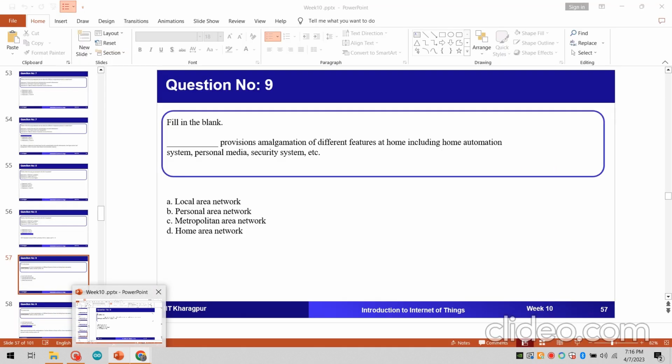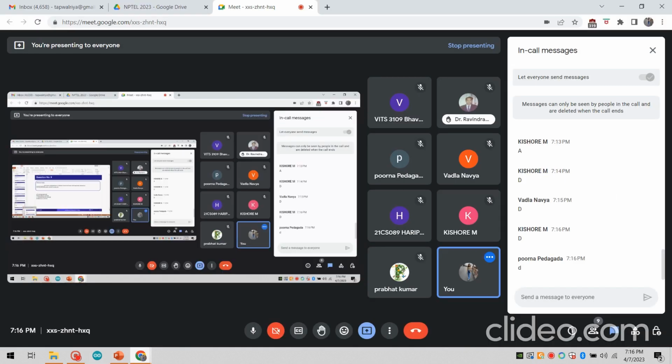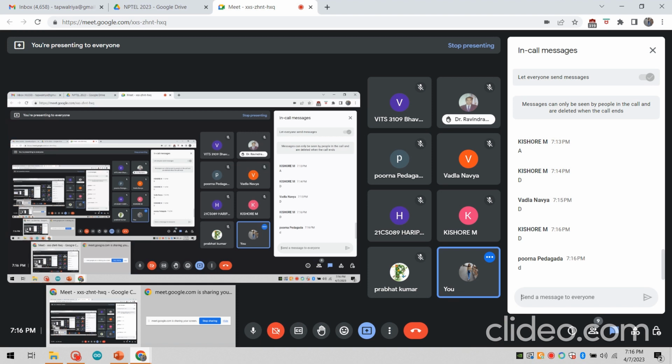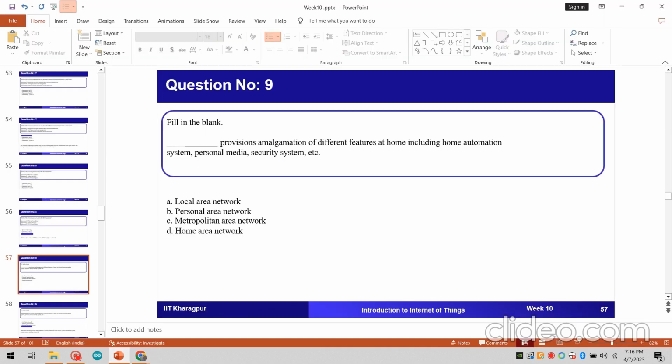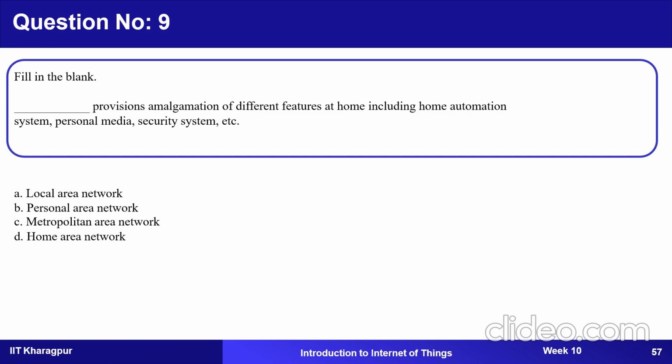Others also please reply. Yes, the correct option for this is D. That is your home area network.